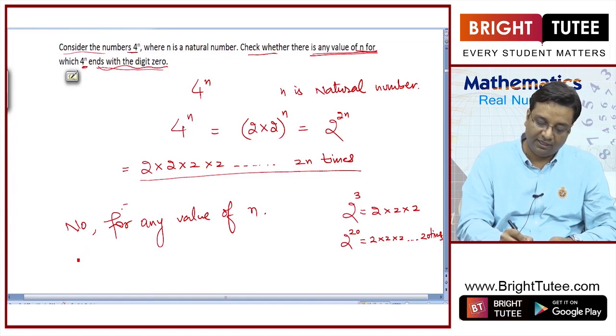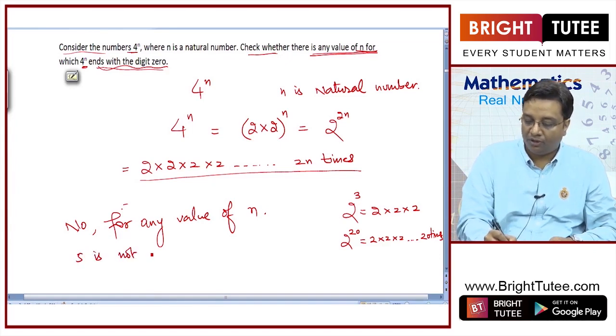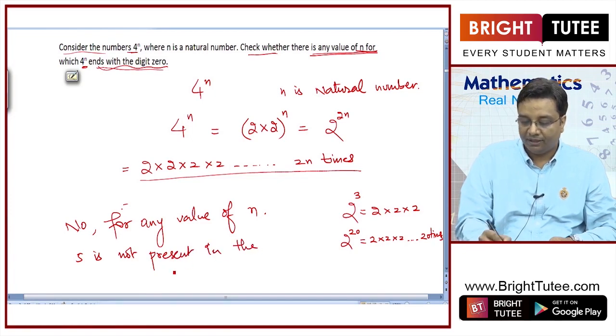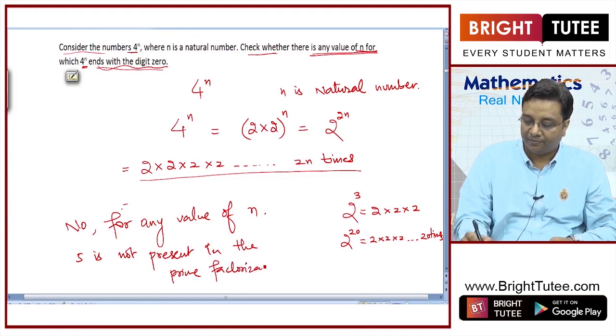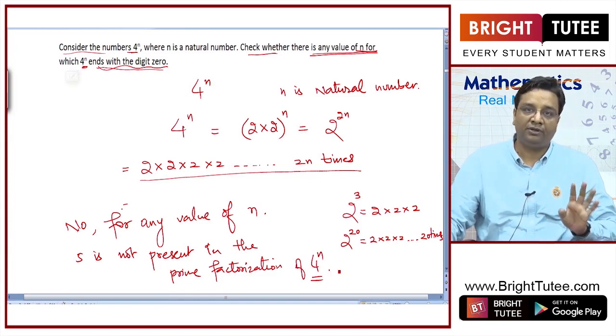The reason is that 5 is not present in the prime factorization of 4 raised to power n, so 0 cannot be formed, okay?